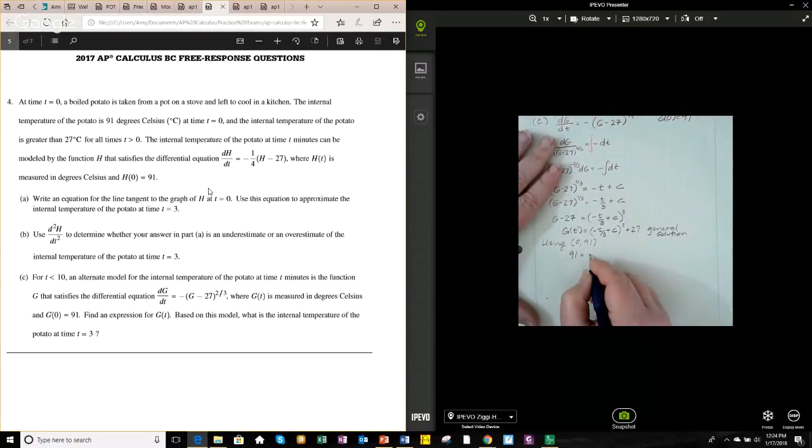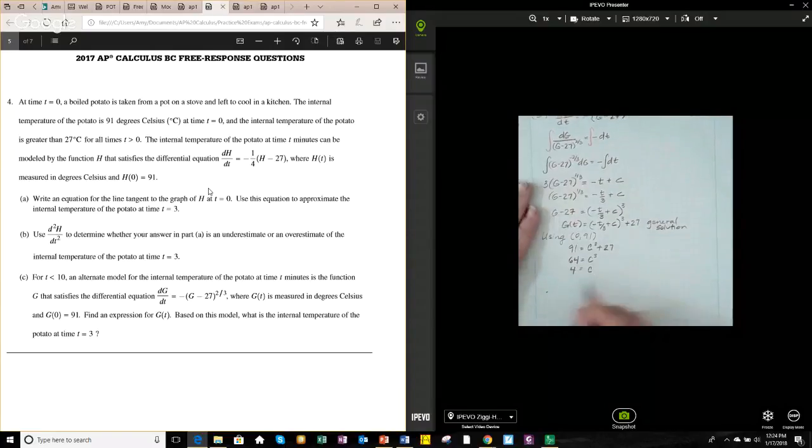So we get c cubed plus 27. And if I subtract 27 from 91, 91 minus 27 is 64, equals c cubed. So c equals 4. So my expression for g of t is going to be negative t over 3 plus 4 raised to the 3rd plus 27. So there's my expression for g of t using my initial condition.